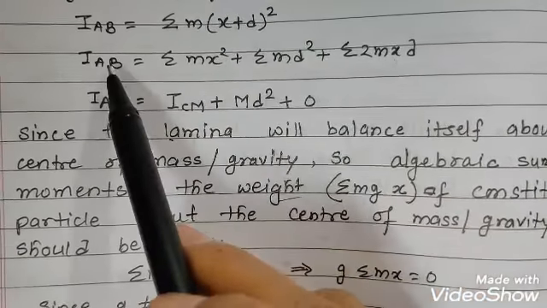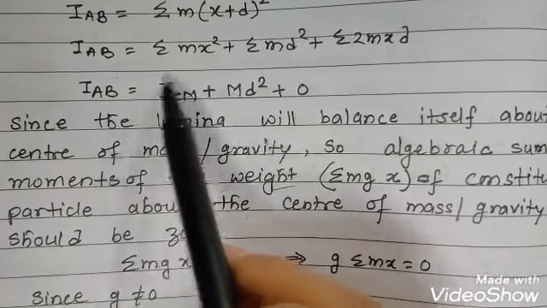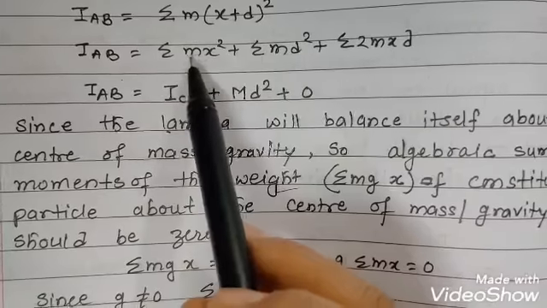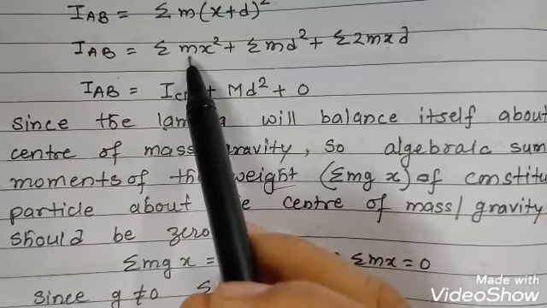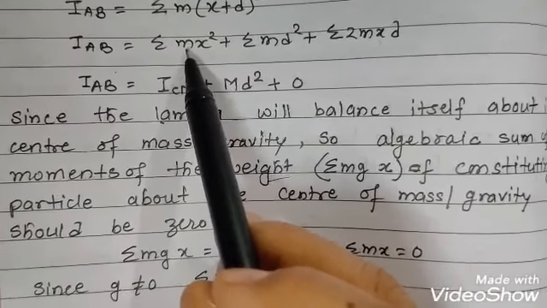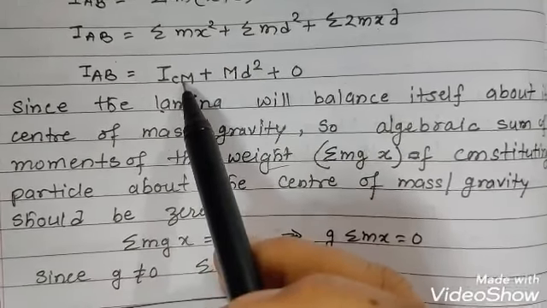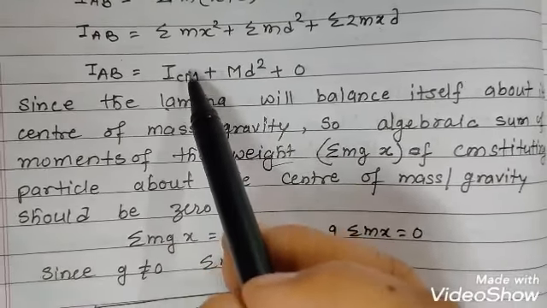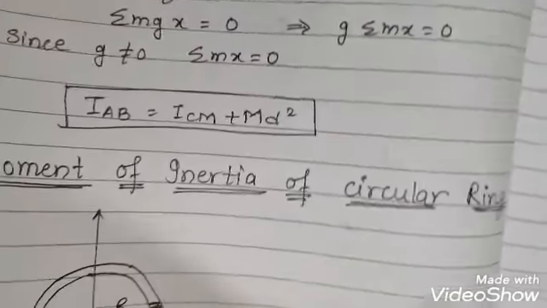Now this is the moment of inertia about AB, I_AB. Summation mx square is the I_CM, that is the moment of inertia about the axis CM.